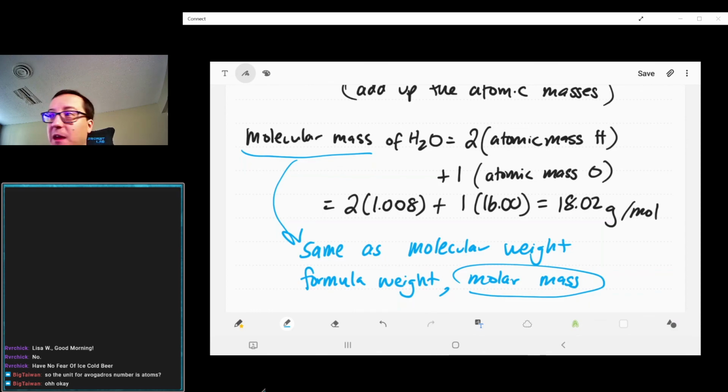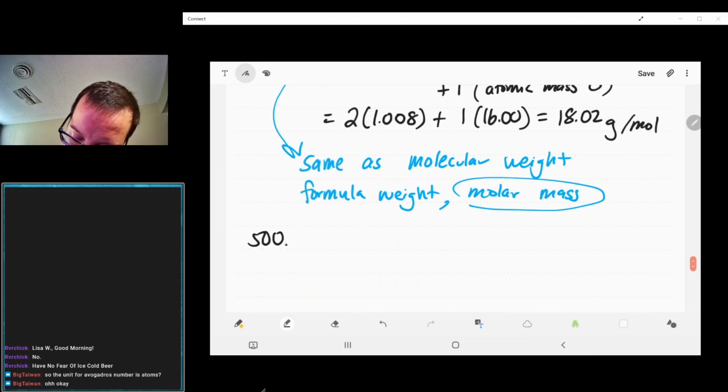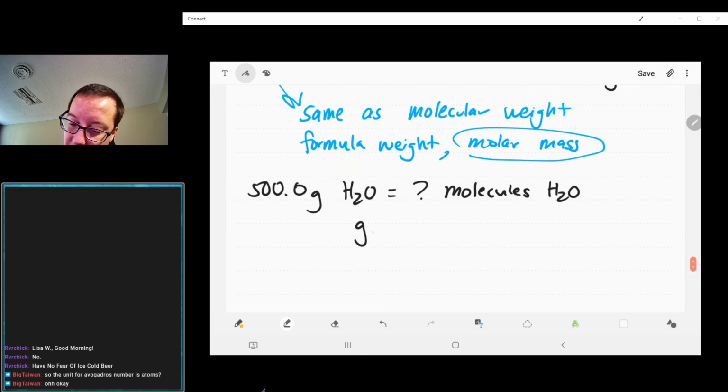And so we're going to be able to do the same sort of thing with this. We could say, 500 grams of water is how many molecules? We can figure this out. We can go from grams to molecules.